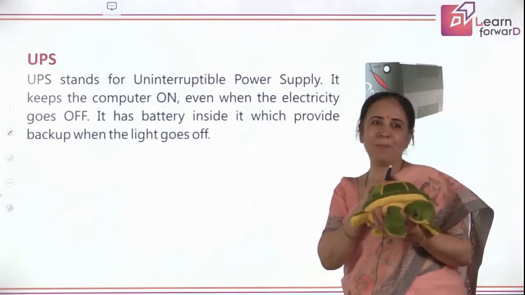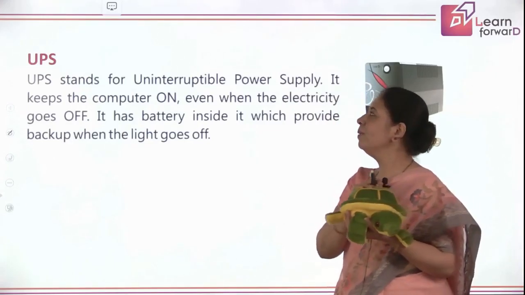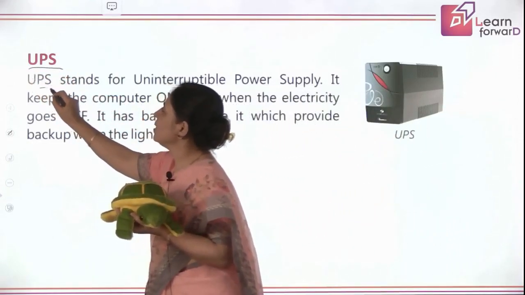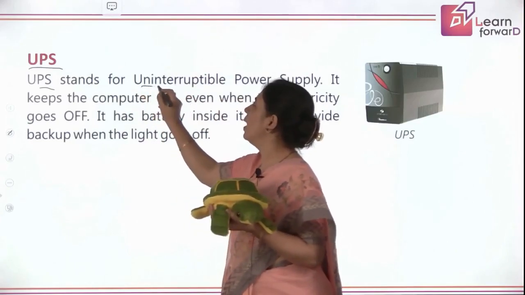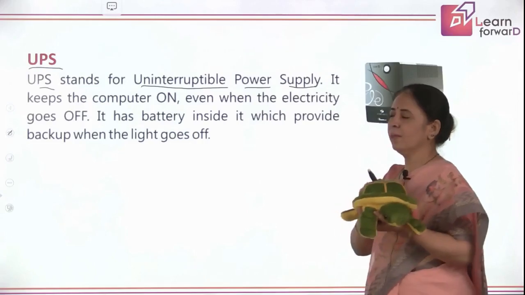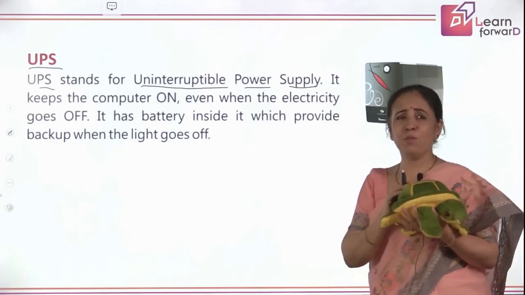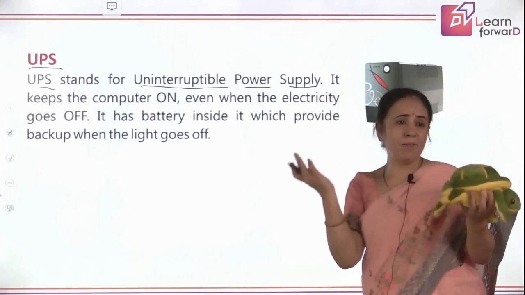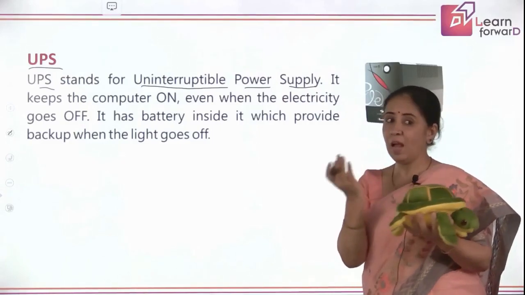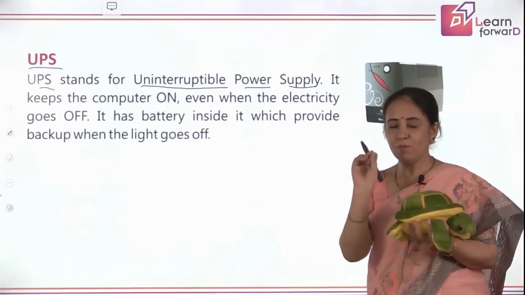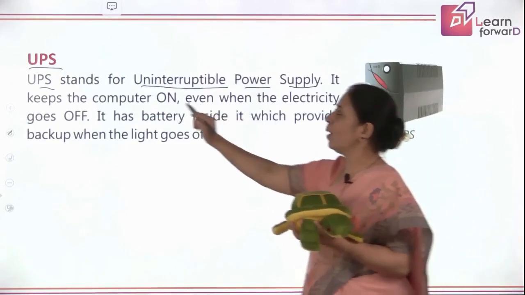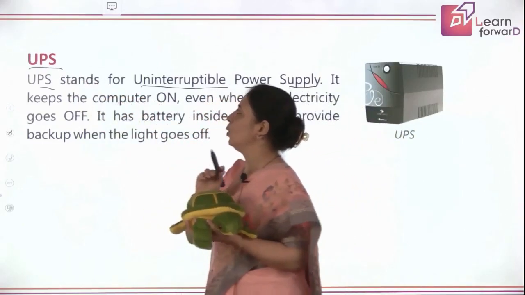Now we talk about another part of the computer, that is called UPS. So children, UPS basically stands for uninterruptible power supply. What happens if you are working on the computer and the power goes off? It will irritate us, but we have a solution. Every time you turn on your computer, make sure it is attached to a UPS.